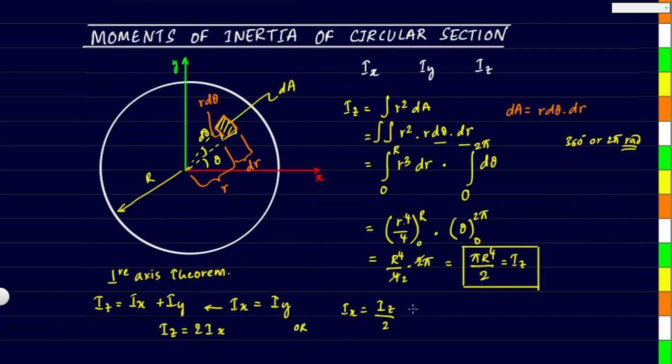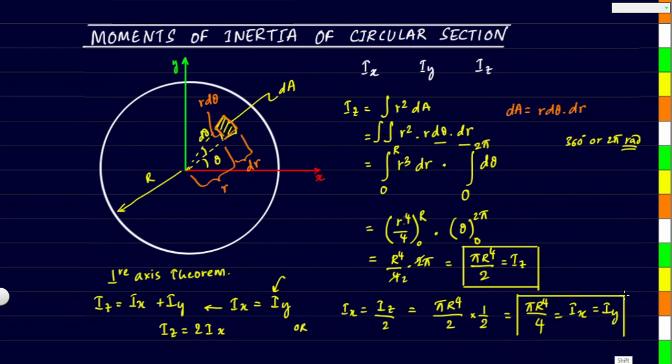Now we know the value of Iz. If you substitute that over here, we get Ix equal to pi R power 4 by 2 multiplied with 1 by 2, half of that. So we get pi R power 4 by 4, this being the value of Ix. And here because Ix is equal to Iy, that will also be the value of Iy.